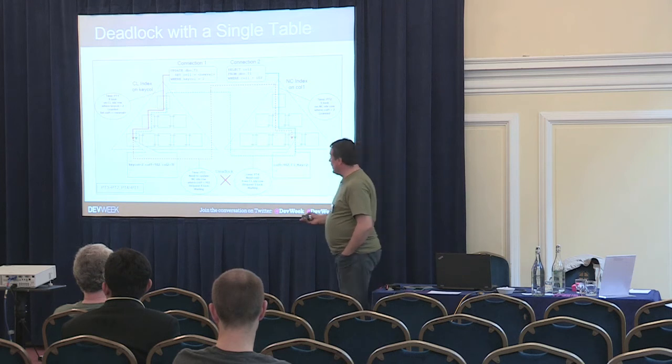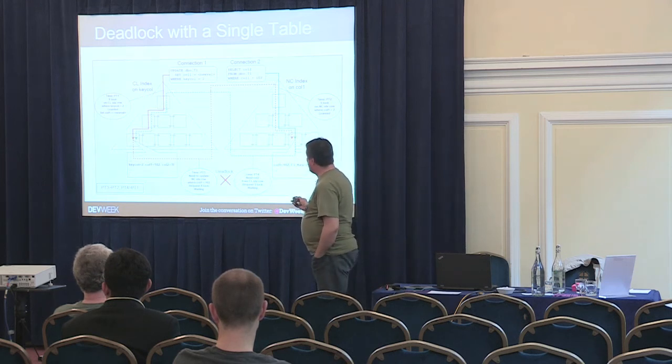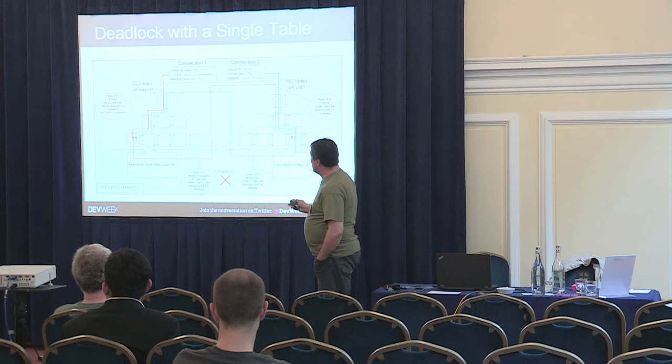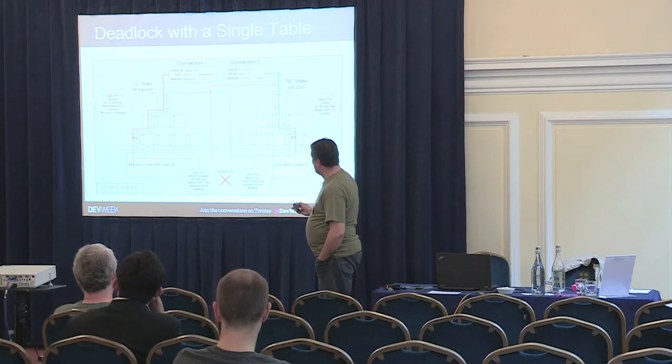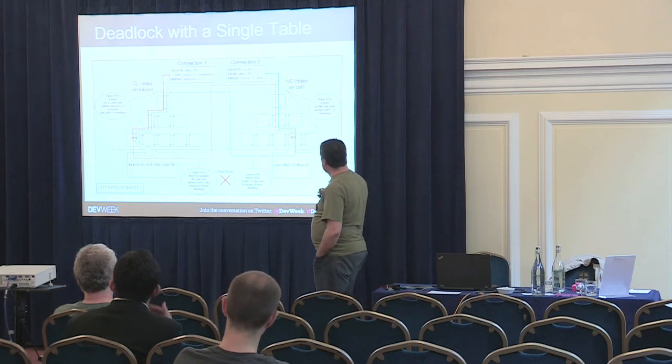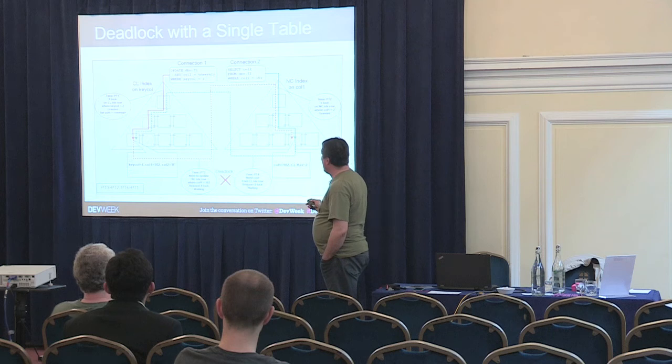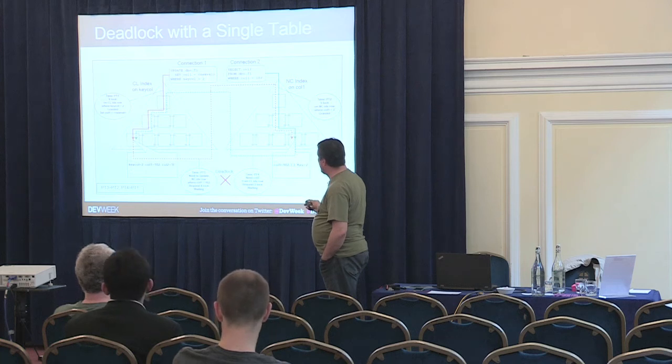So let me explain how it goes. So you see, I have here clustered index on column called key call, right? And I have a non-clustered index on column called column 1. And here I'm updating the table, set column 1 equals new value, where key call equals 2.